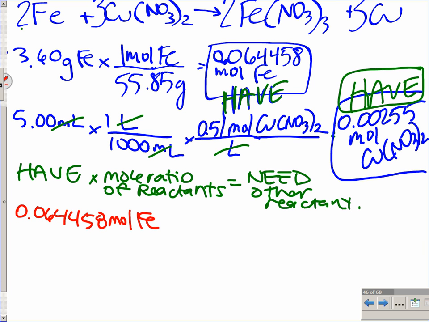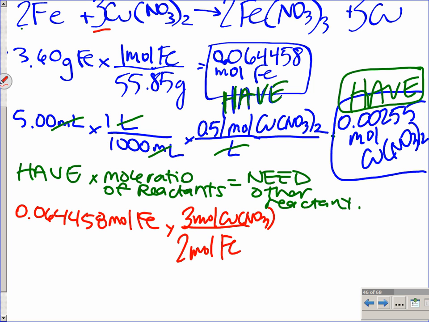Let's scooch up a little bit more. I'm going to put the 2 irons on the bottom, just like I always do, because my moles of iron should cancel. I'm going to put my 3 copper 2 nitrates on top, because I'm looking for that in particular. So what is 0.064458 times 3 over 2?